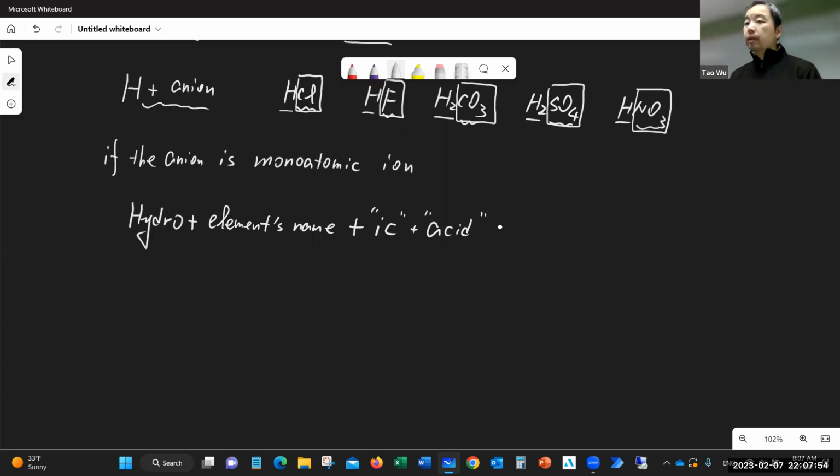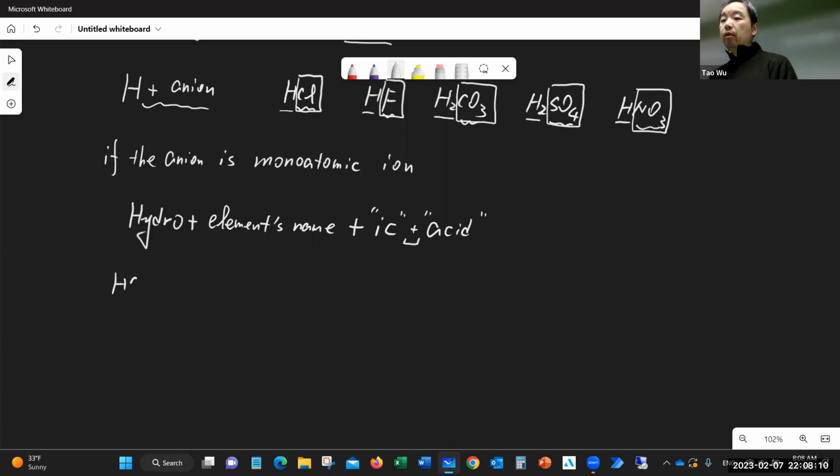So first we add hydro in front, then add the element's name, then plus ic and plus acid.